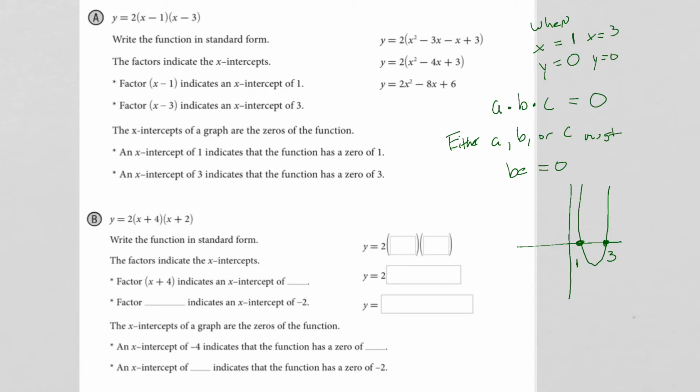So when you're looking at something in factored form, right, you're saying, when is y 0? And if I have three things, right, an A, a B, and a C, like my example here, if I'm 2 times x minus 1 times x minus 3, if it's going to be equal to 0, one of those parts is going to have to be equal to 0.